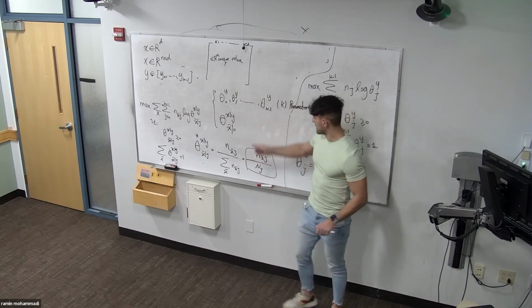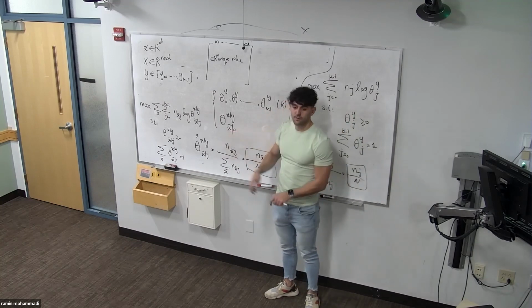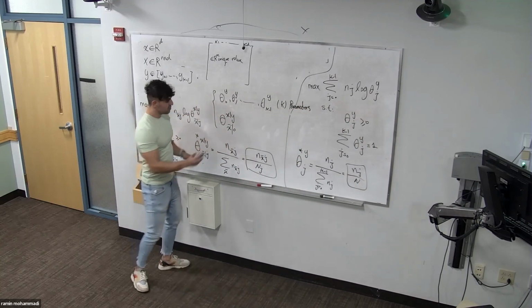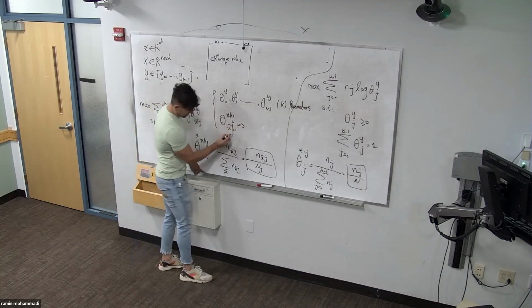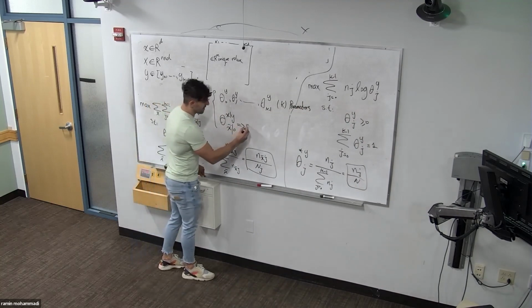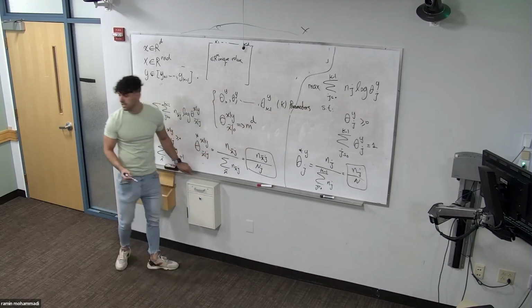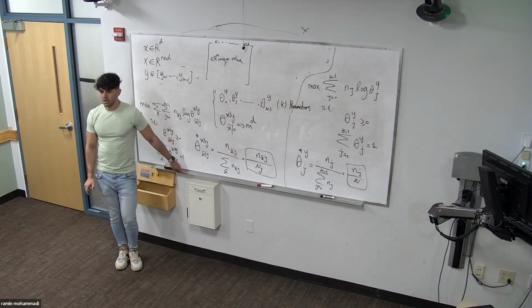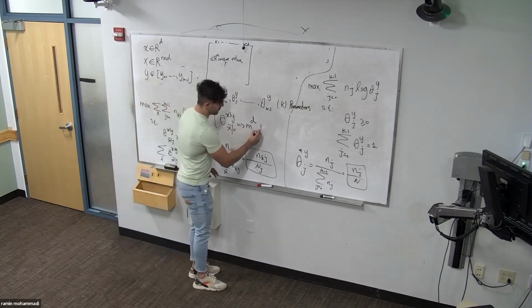That means x bar could be m to the power of d unique values. So for this class, you need to learn m to the power of d parameters. Does it make sense? Okay, m to the power of d parameters.